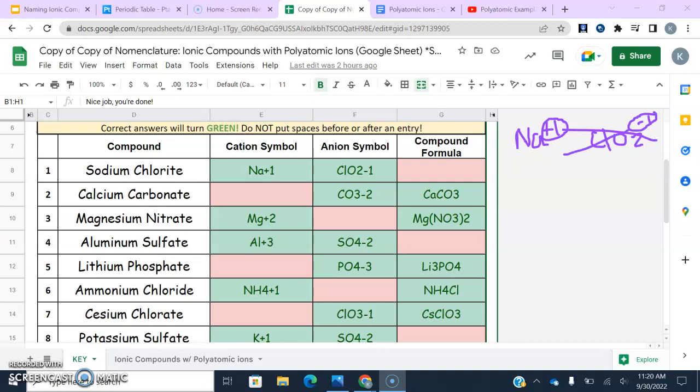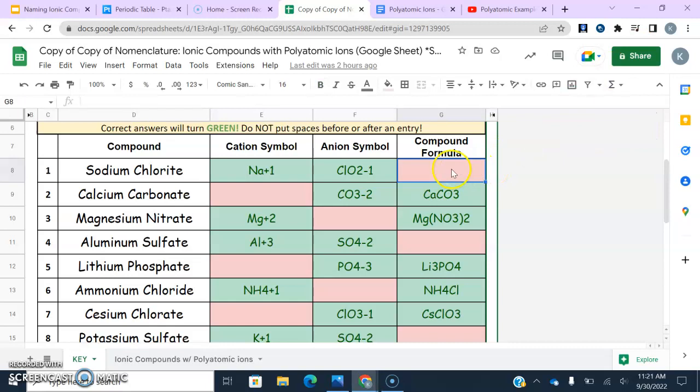So if we were to write this down, it would just be one sodium, and then ClO2 because it's only one. And that's correct because it turned green. So you only needed one of each.